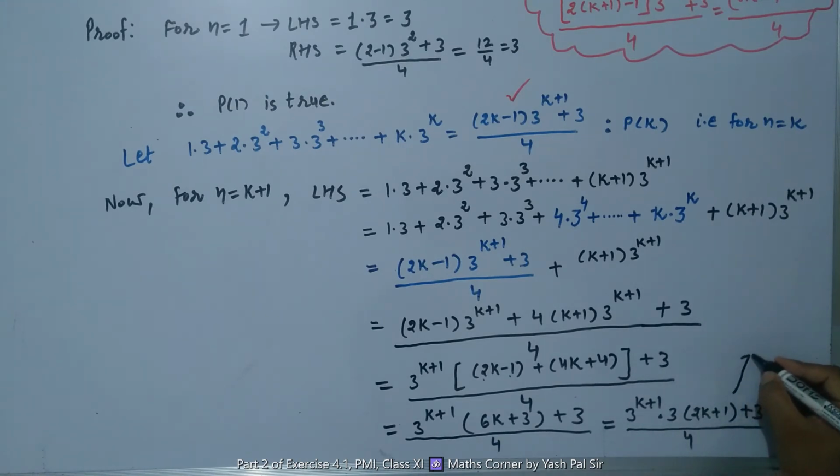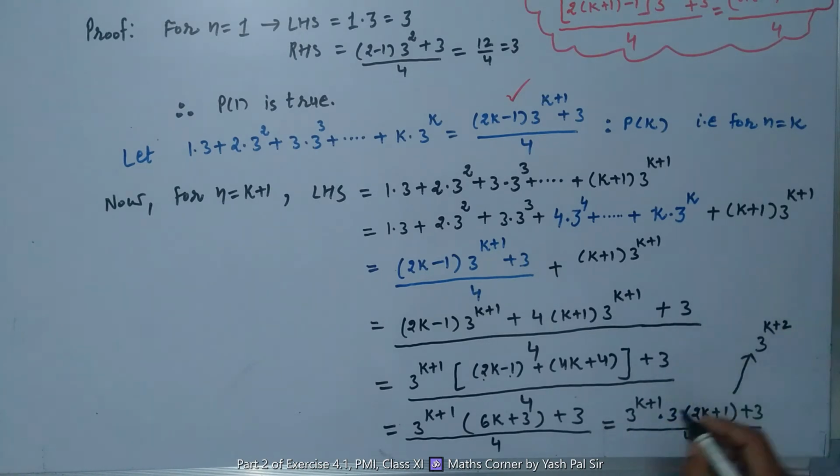So this way, this is equal to 3 power, base is equal, power will be added, k plus 1, k plus 2, this becomes into 2k plus 1 plus 3 whole divide 4.